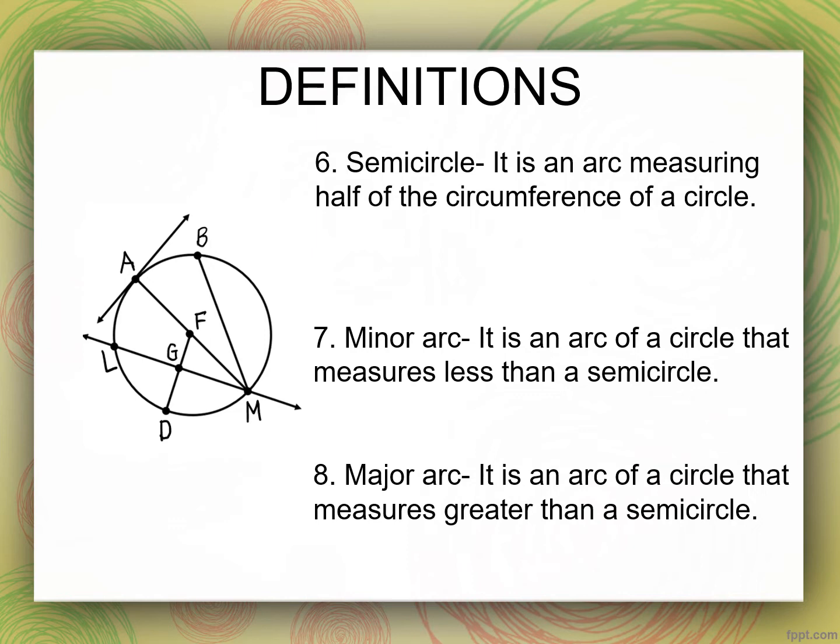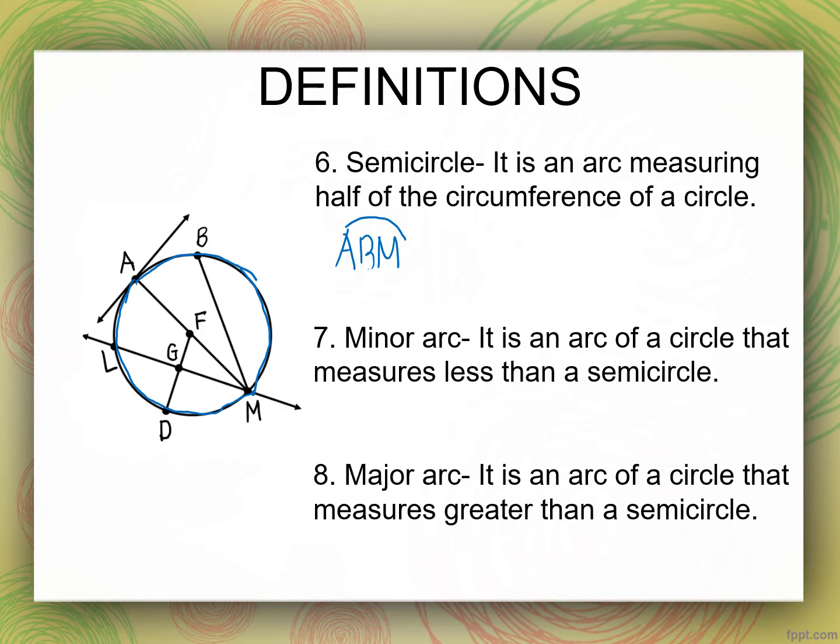So let's write those. So we have arc ABM, this side here. So this is a semicircle. So write ABM and put that curve on top. On the other side of diameter AM, we have this semicircle. As you notice, you can see four letters there, ALDM.